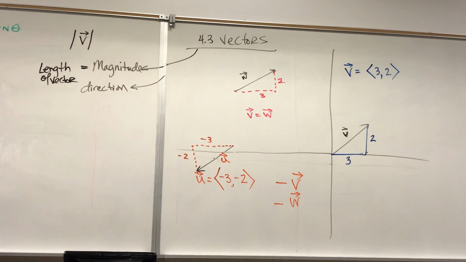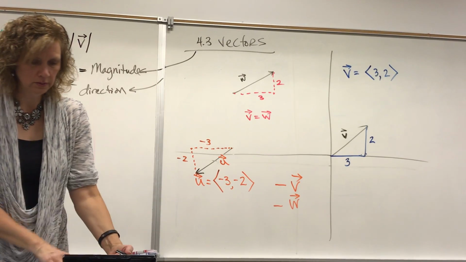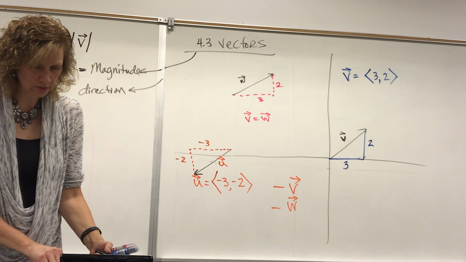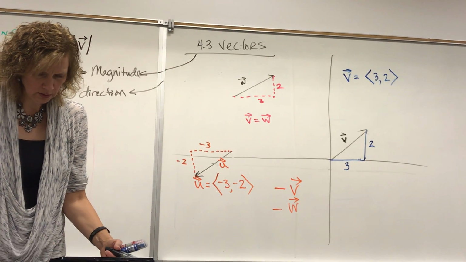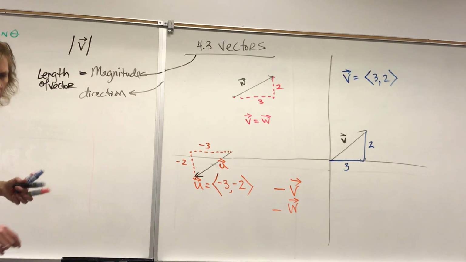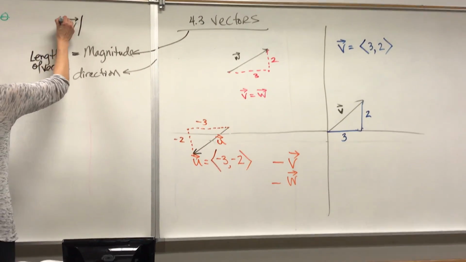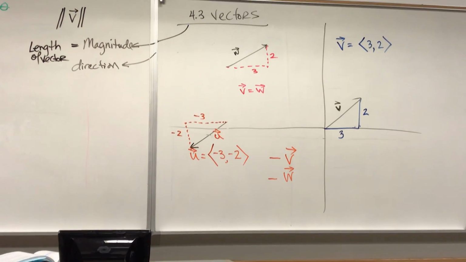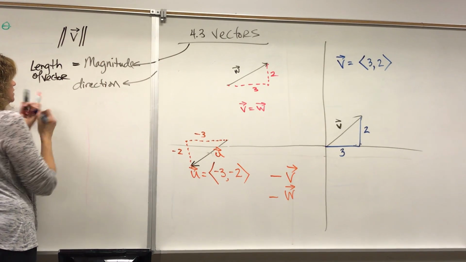Hold on. I think your textbook does 2 bars. Do they do 2 bars or 1 bar? 2 bars. So yes, it's not absolute value, it's double bars. Okay. That is indicating the magnitude of the vector.